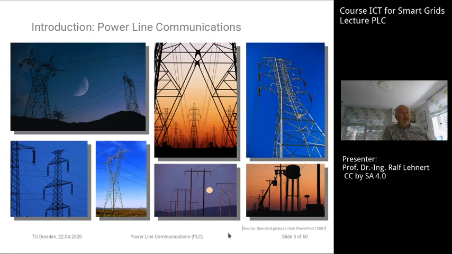And finally, the lowest level is the distribution level, the access network, as we call this in communications. The access network in power distribution networks is the low voltage level, and this is a voltage level of 230 volts single phase or 400 volts three phase.